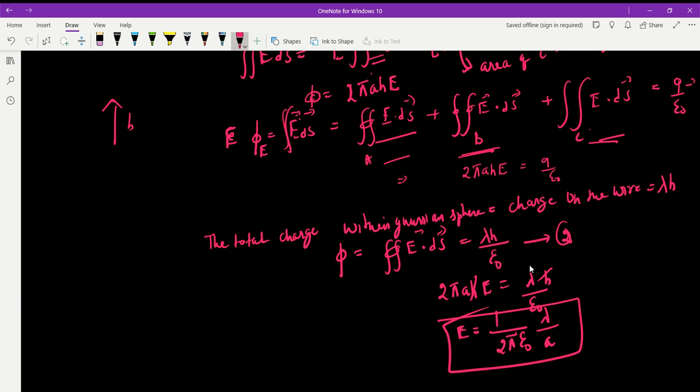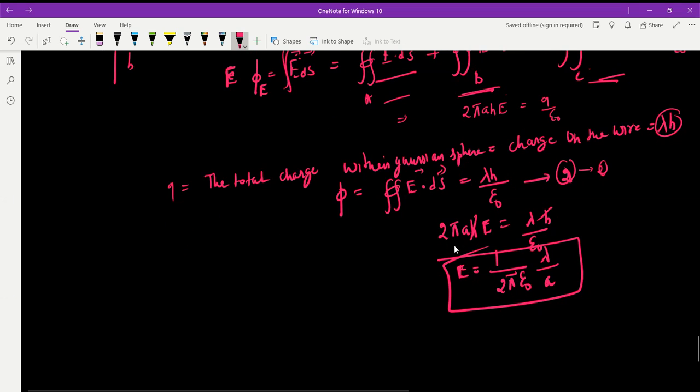The total charge Q is equal to lambda h, so it becomes lambda h by epsilon naught. Let me make that equation number 2 and the 2 pi a h one equation number 1. Comparing those two, h gets cancelled, and E is equal to 1 by 2 pi epsilon naught, lambda by a.